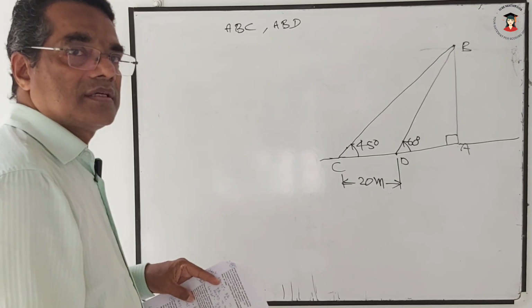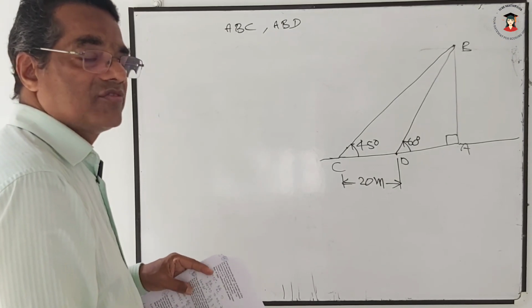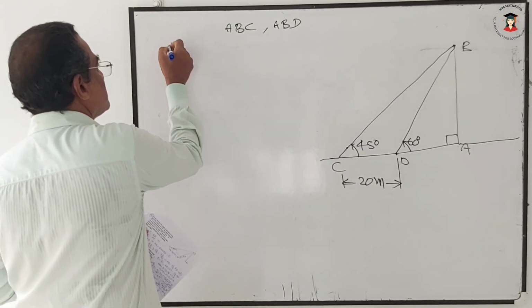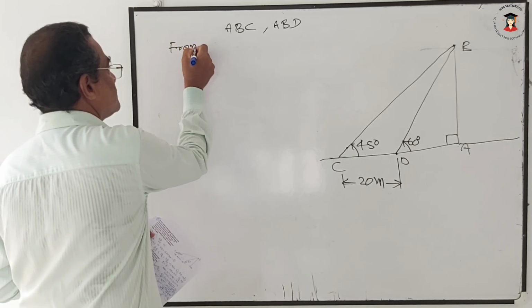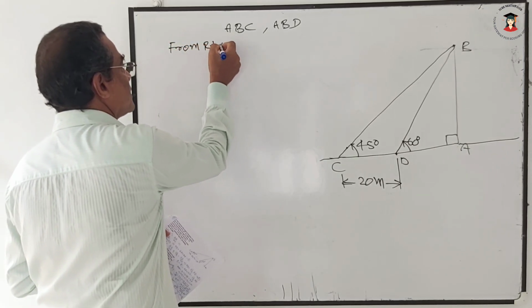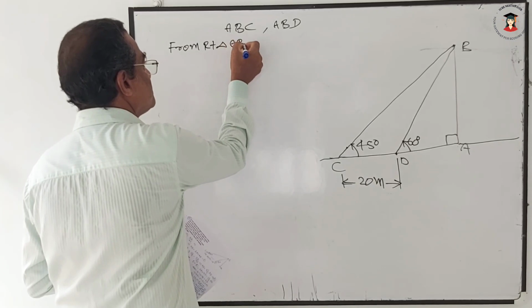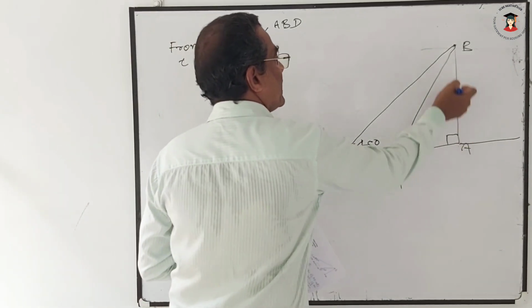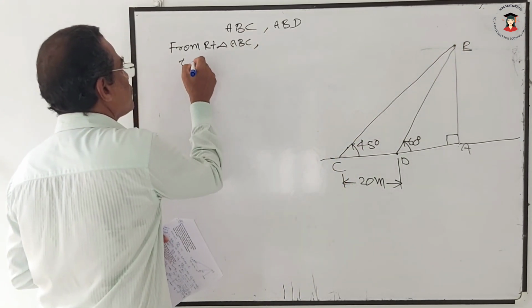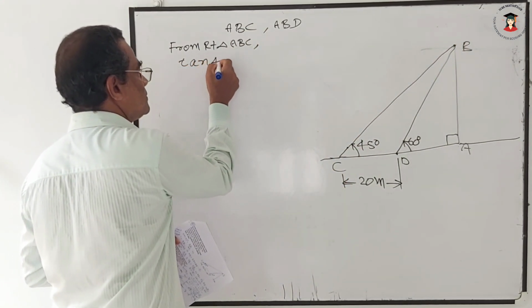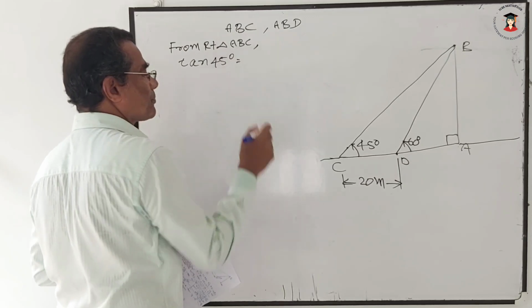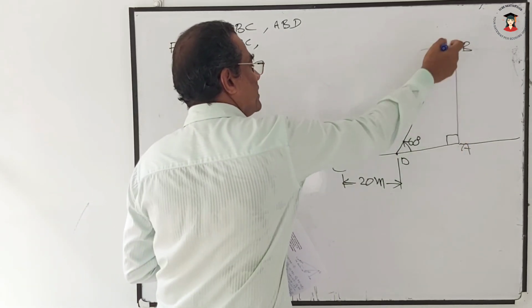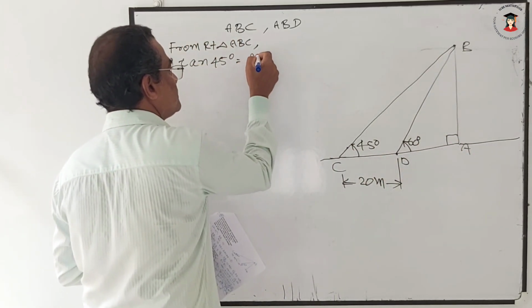Let us consider each triangle one by one. From right triangle ABC, tan 45 degree equal to AB divided by AC.